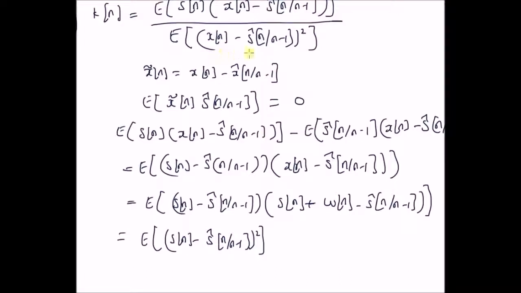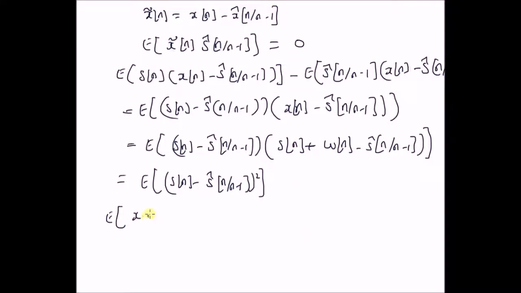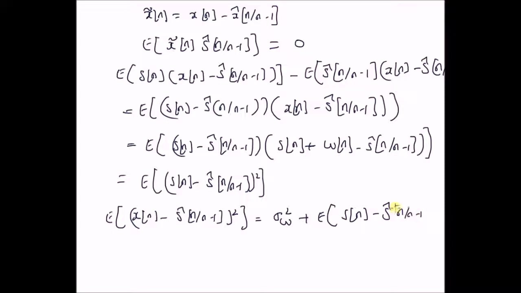We can do similar manipulations on the denominator and we will find that expectation of x of n minus s hat of n given n minus 1 whole square is equal to sigma square w plus expectation of s of n minus s hat of n given n minus 1 whole square.